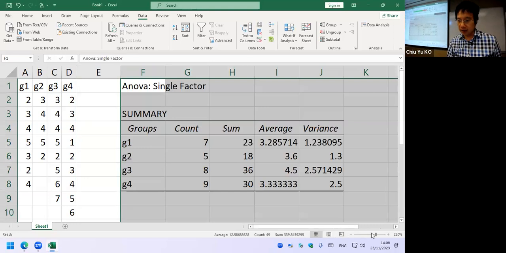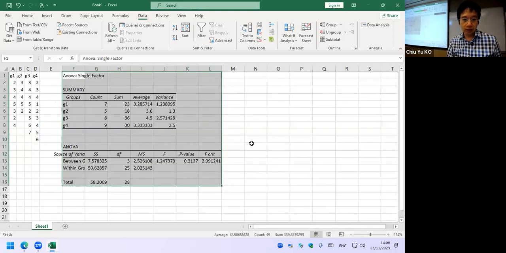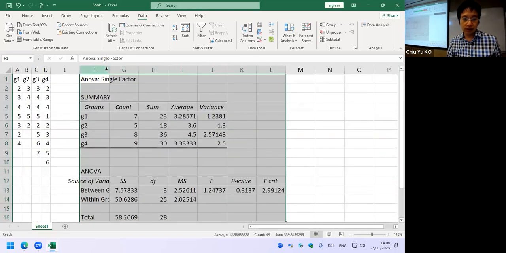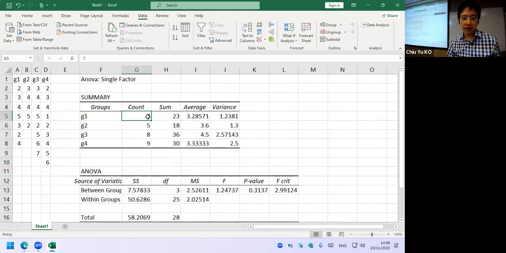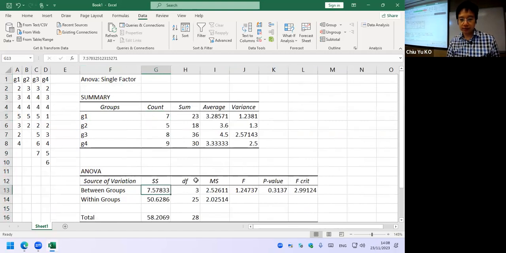So let me make it smaller. Okay, so this is the data I have. It tells the count, average, variance. And this is SSG. Recall how to calculate that, because I want to emphasize how to calculate this.